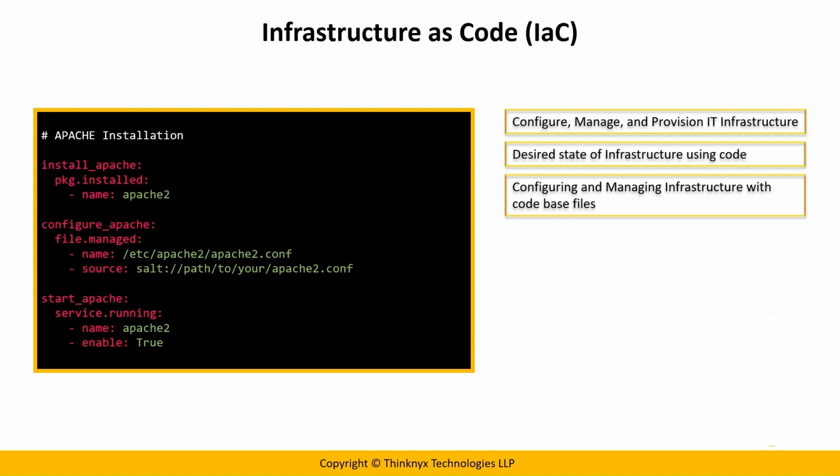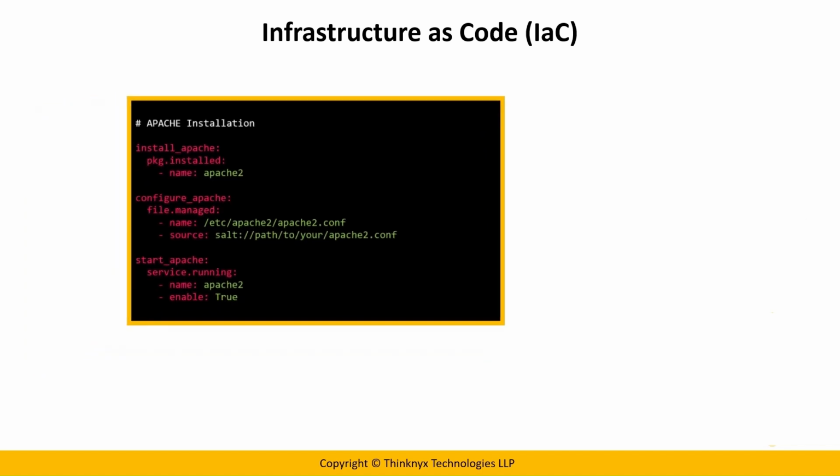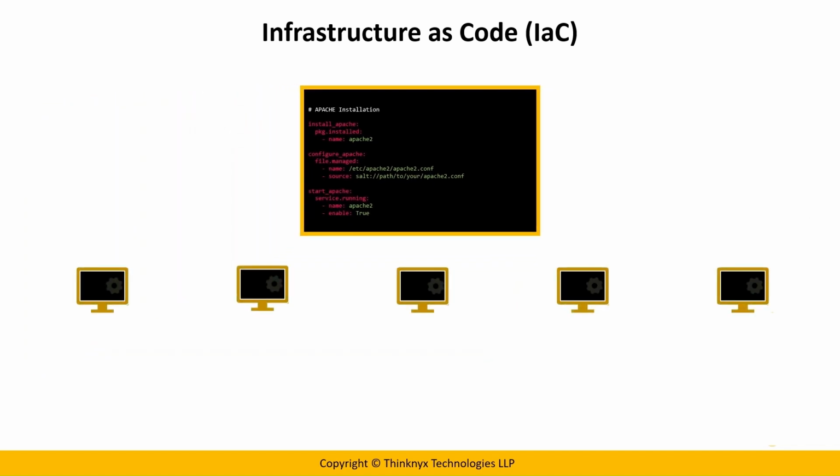In simple words, configuring and managing your infrastructure with a code-based file is called IaC. In our case, we have bundled multiple manual steps together in the form of Salt code, which is nothing but InfrastructureAsCode. Now this code can be applied on one server or hundreds of servers in a few seconds.